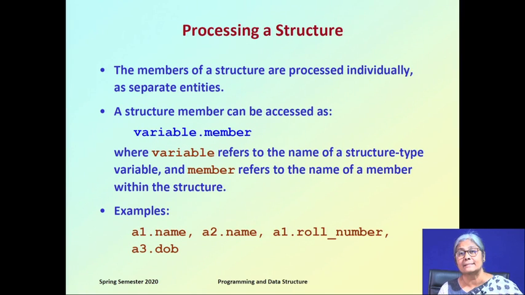How can we access the variables of a structure? Here the variables are name, roll number and DOB. So, I can access A1 dot name, when A1 is the structure; if A2 is the structure, then A2 dot name, A1 dot roll number. So, mainly the structure name dot the variable name, this is the general format.